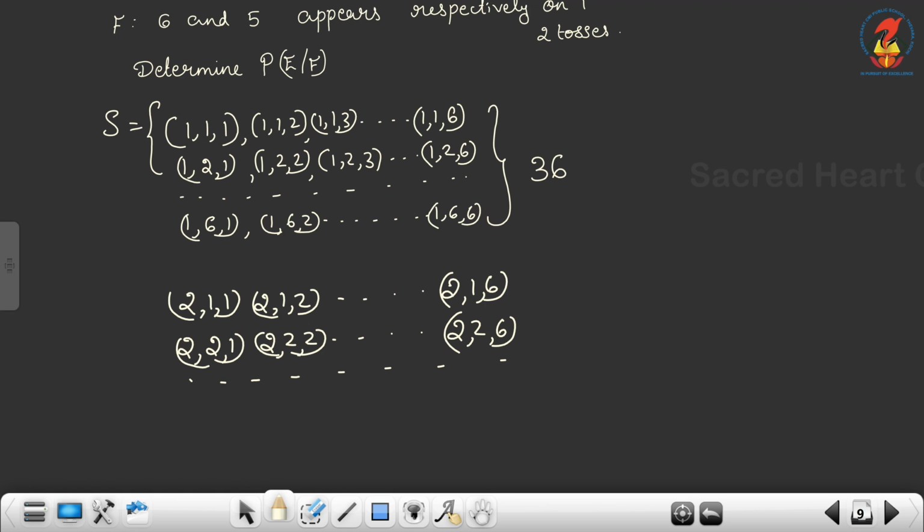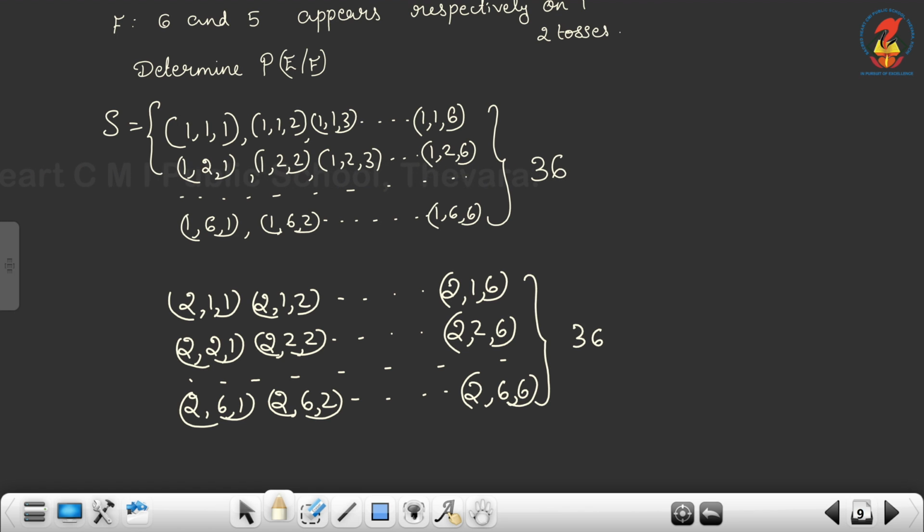Then the last row is 2, 6, 1, 2, 6, 2, 2, 6, 6. Okay. Here also 36 elements, 36 outcomes. Then etc.